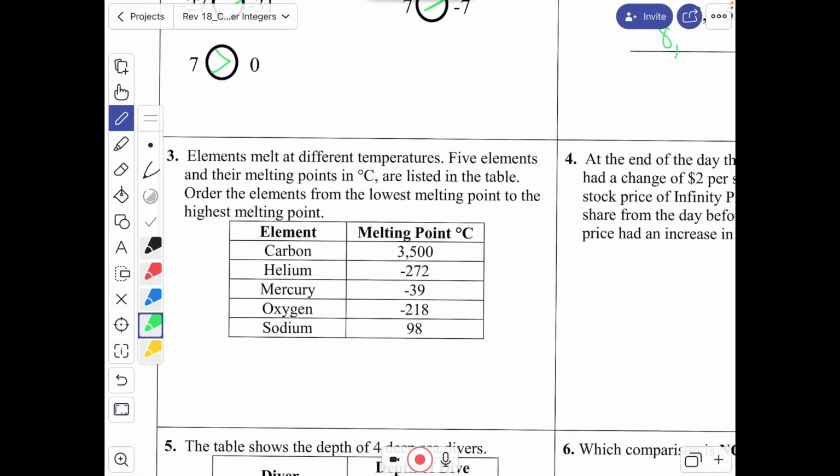Number 3, it says the question, order the elements from the lowest melting point to the highest. So you're going from least to greatest.